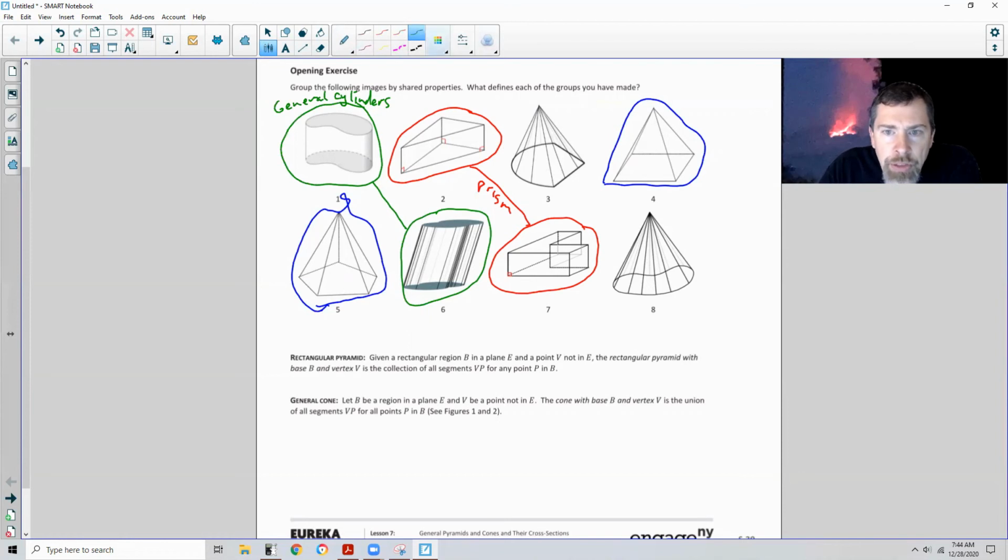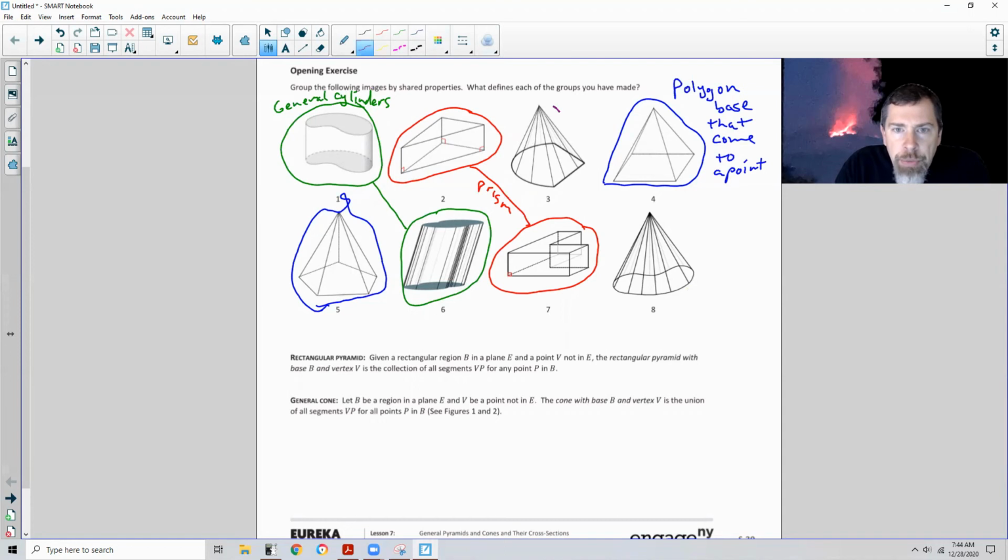So the blue ones we can call cones that come to a point with polygon bases. So this is a polygon base that comes to a point. This is a polygon base that comes to a point.